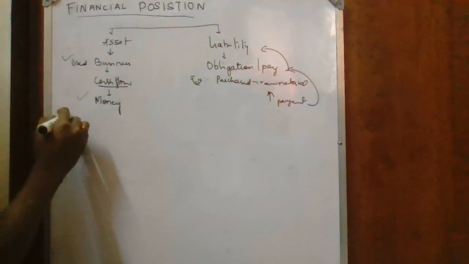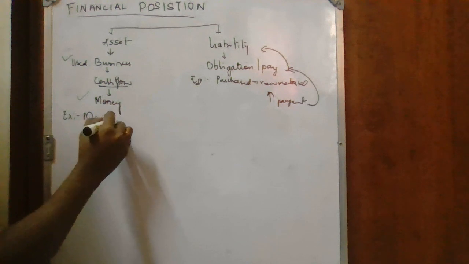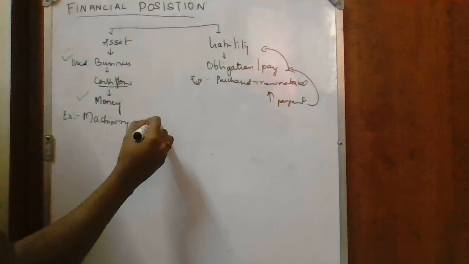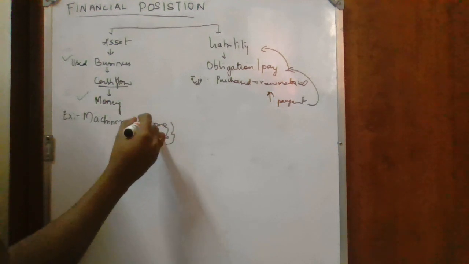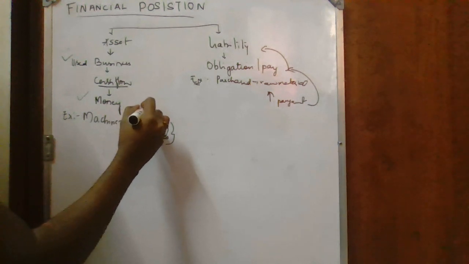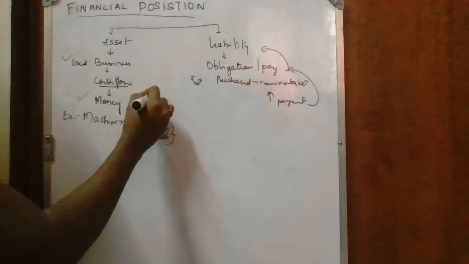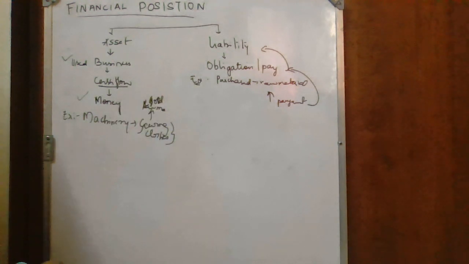Here, example. Suppose I have bought machinery which will help in sewing clothes. This is also an asset. The clothes will be the ultimate good that will help the business to make money.